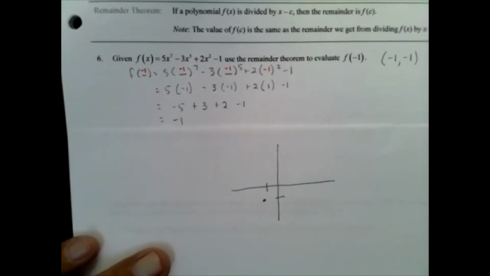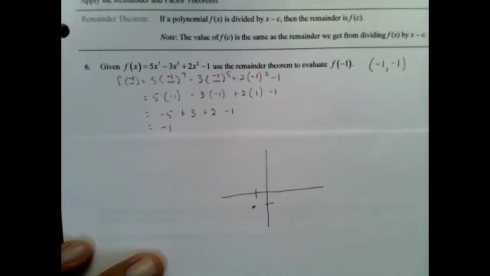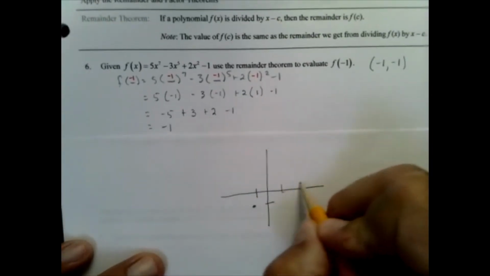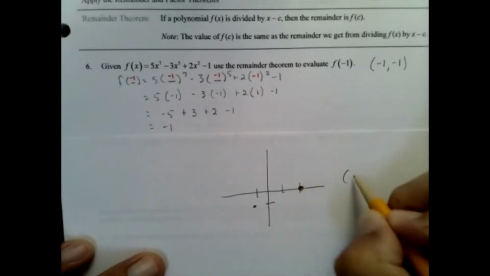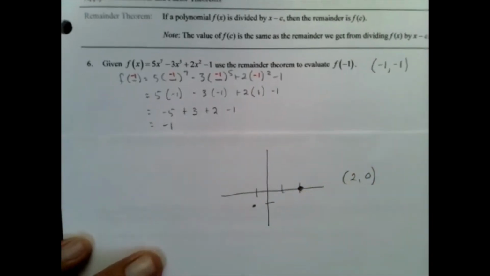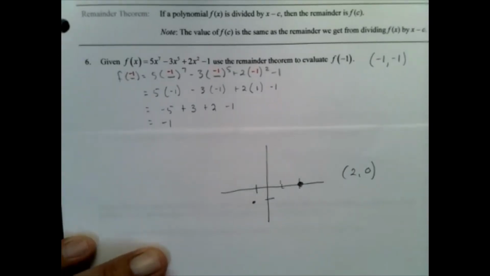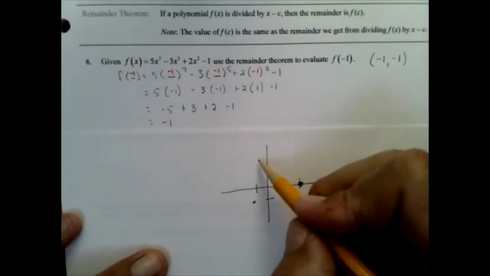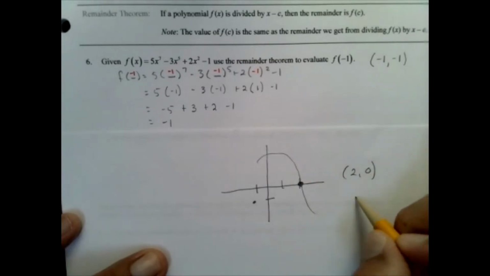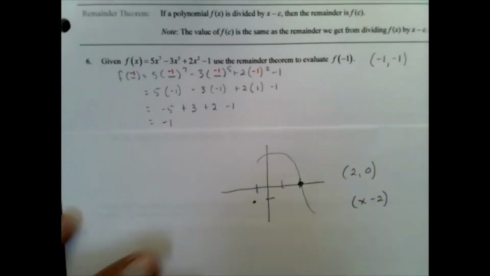We're trying to find numbers that give me a remainder of 0. Because if it's a remainder of 0, I would have the ordered pair something like 2, 0. That means whatever my polynomial was, one of my factors was x minus 2.